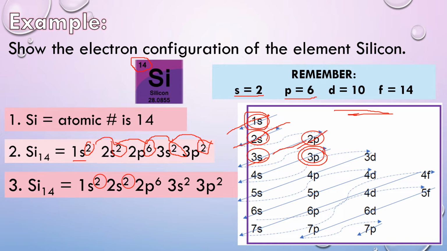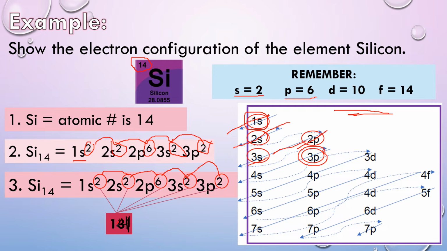Ayan. So, let's check if it is correct. Let's add the number of electrons. 2 plus 2 is 4, plus 6, 10, plus 2, 12, and plus 2 is 13. I know, dapat 14. Wrong ito, class. This should be 14. Typo lang.